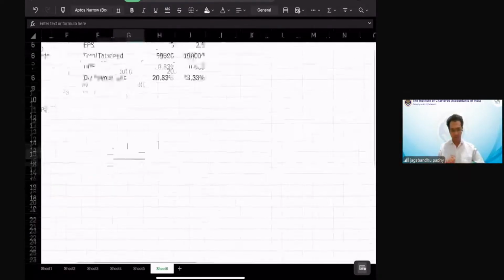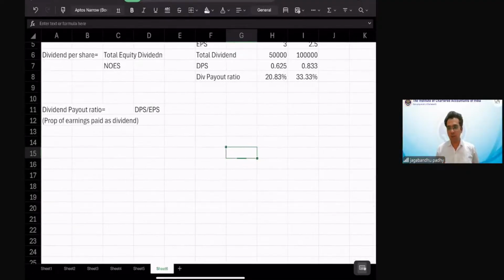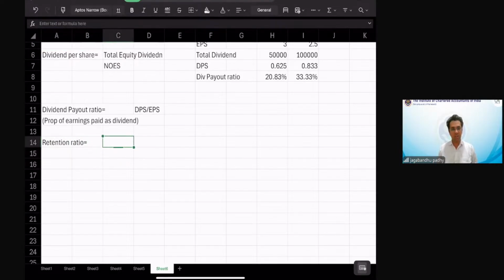Now, if this is the percentage which is paid out, I would like to know the retention ratio. Rohan, it is the number of equity shares, not the number of equity shareholders. Retention ratio is basically how much the company has retained. So if the company is paying out 20.83%, how much has it retained?